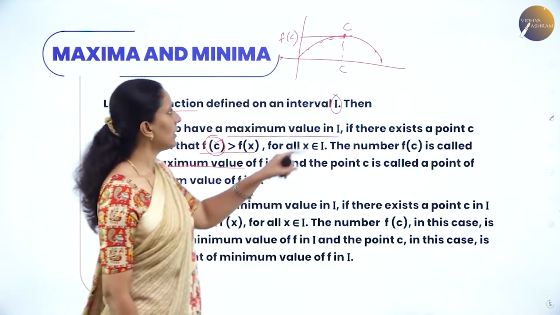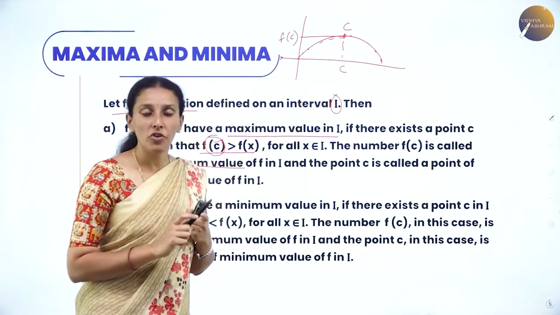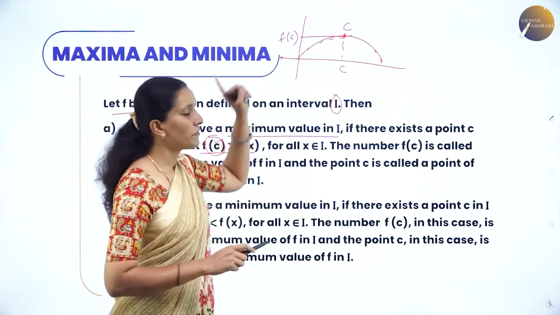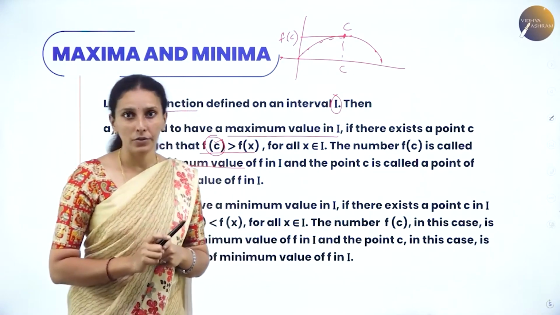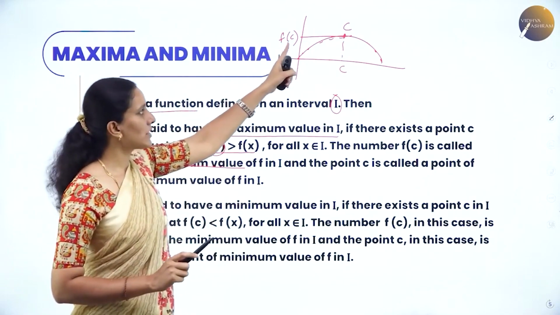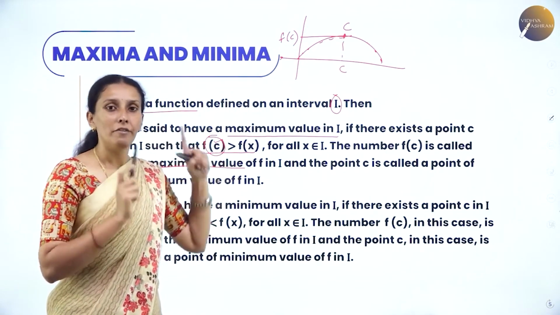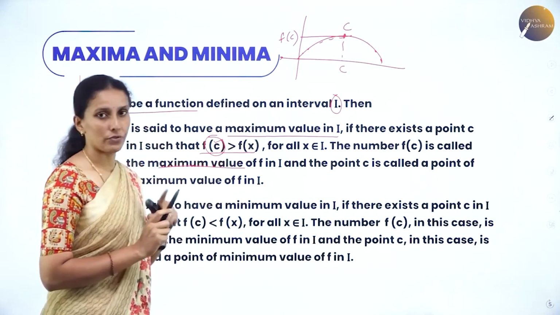Therefore here c is called the point of maximum value and f of c gives you the maximum value. The condition is f of c must be greater than any other values of f of x in the interval.